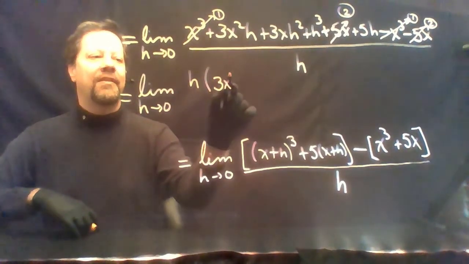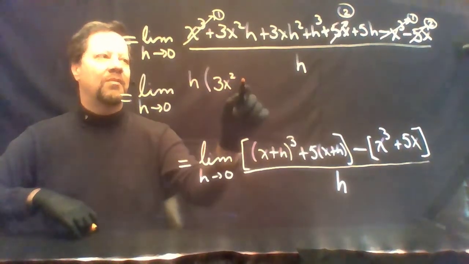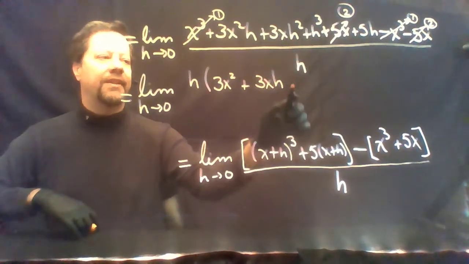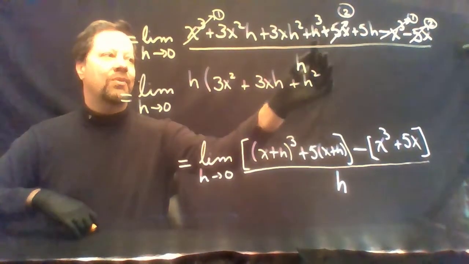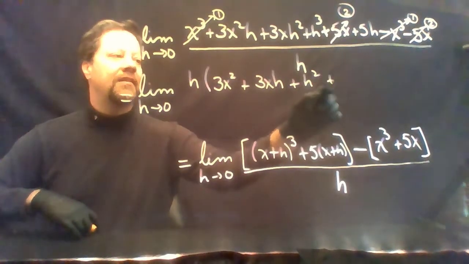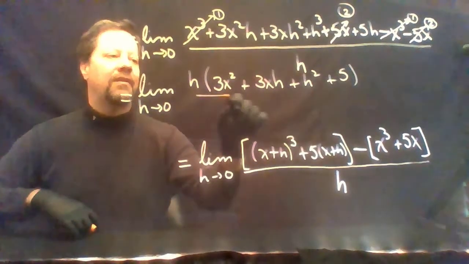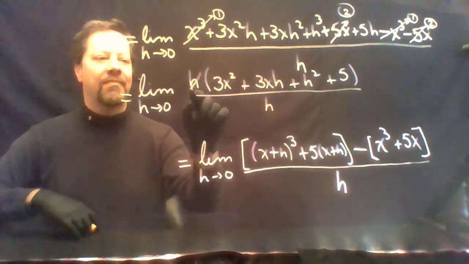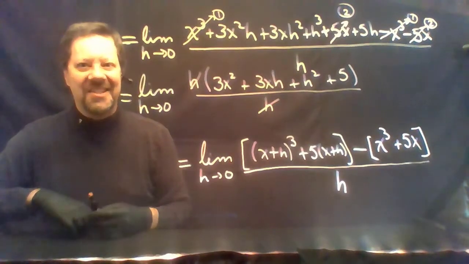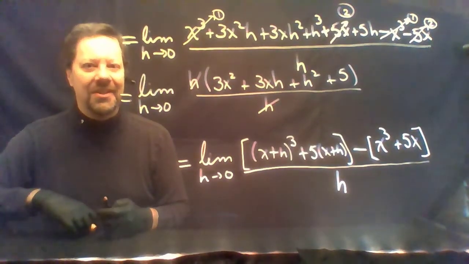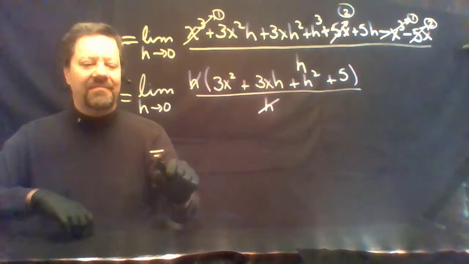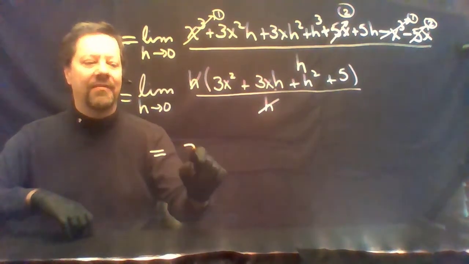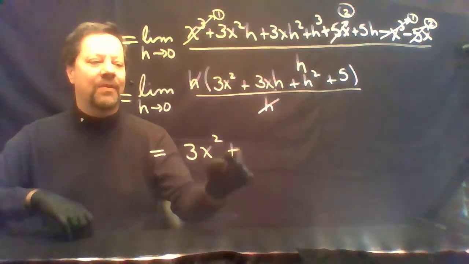We'll have 3x squared plus 3x times h, we'll have 1h left over here, plus h squared, taking an h out from here, and then plus 5, all over h. The h in the denominator canceled. This is a good sign. Taking the limit as h goes to 0, two of these terms are going to disappear. We'll be left with 3x squared plus 5.